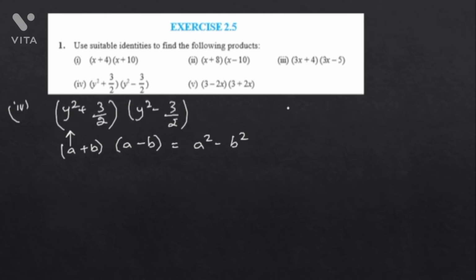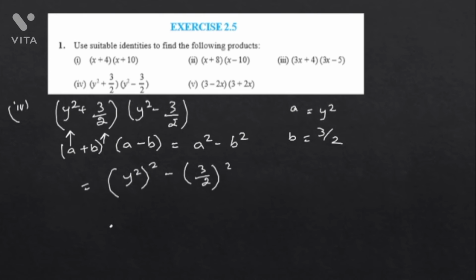In the place of a we have y square, in the place of b we have 3 by 2. So this is equal to y square the whole square minus 3 by 2 the whole square, which is y power 4 minus 9 divided by 4. So you can use any of these formulas.